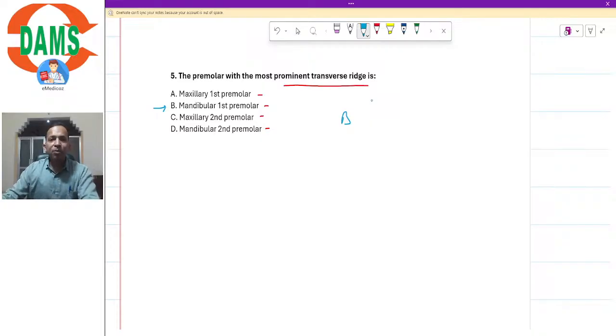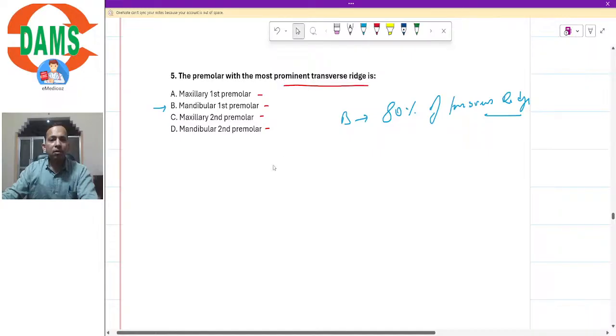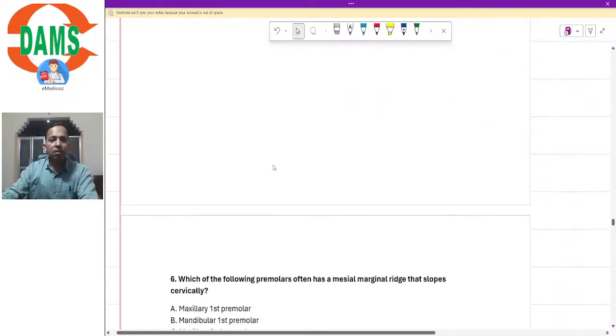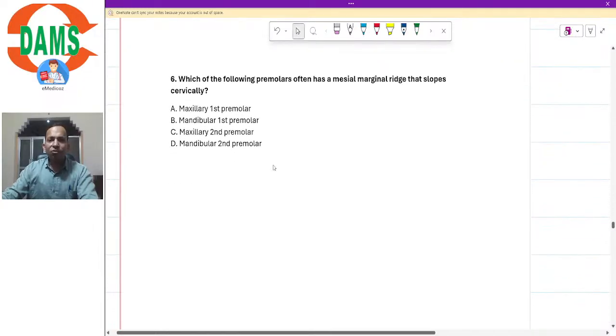So mandibular first premolar has the most prominent triangular ridge. In fact, it makes up approximately 80% of the transverse ridge, right? Which of the following premolars often has a mesial marginal ridge that slopes cervically?